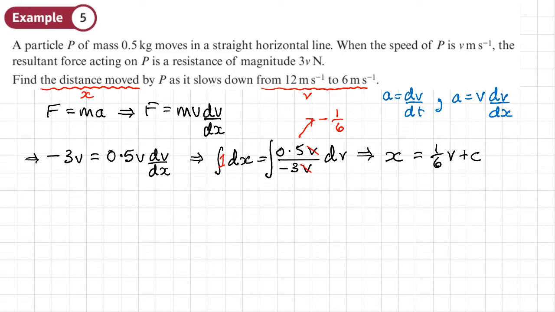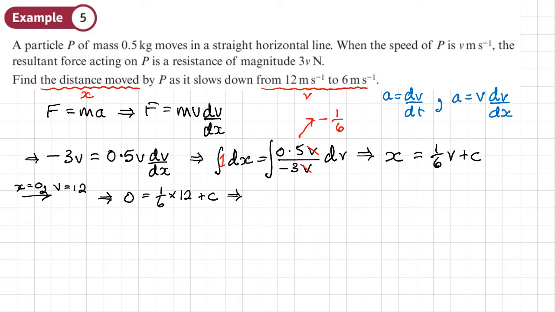Now since we want to find the distance from the 12 meters per second velocity to the 6 meters per second, we'll take this as the initial position because we're measuring the distance from that point. So we substitute in x is 0 and v equal to 12. That gives us 0 is equal to minus 1/6 times 12, plus c.